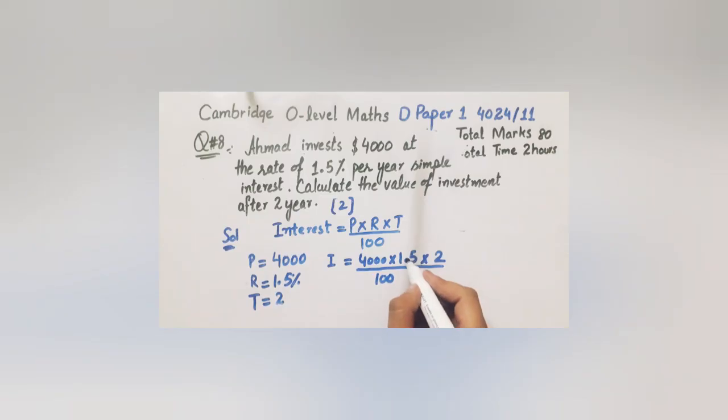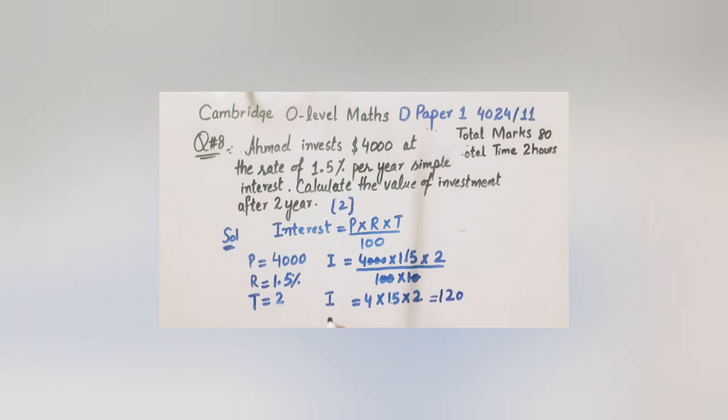So we will get 4 multiply 15 multiply 2. So this is equal to 15 multiply 2 is 30, 30 multiply 4 is 120. So I is equal to 120.